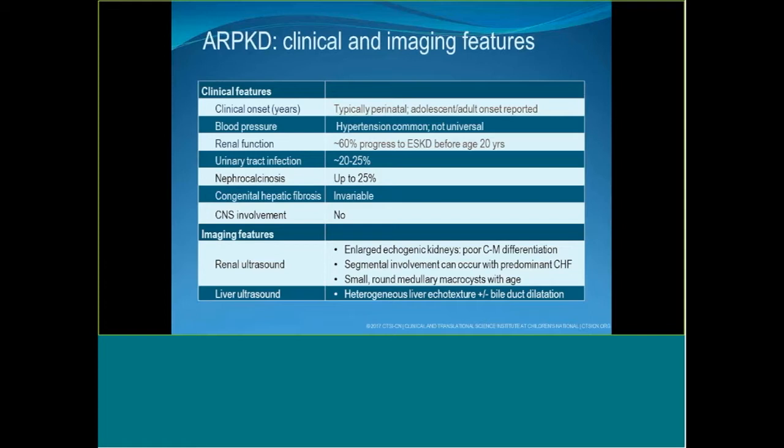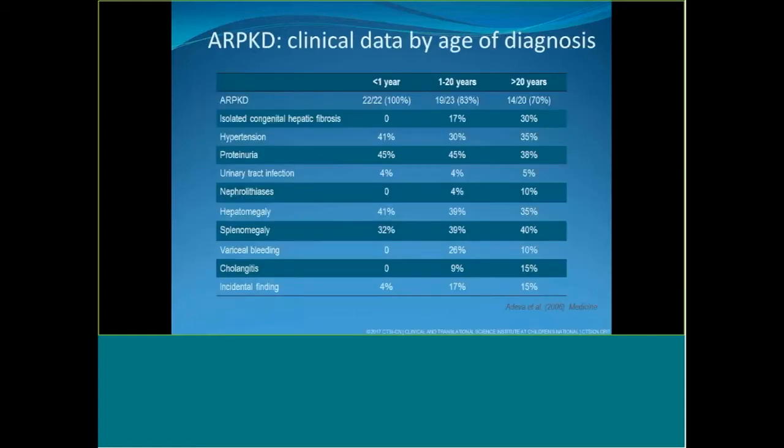In the past, what they died from was kidney failure. And now that they're living longer, you're seeing more and more of the liver problems with this disease. And so the GI folks are getting much more involved in taking care of children with autosomal recessive polycystic kidney disease.